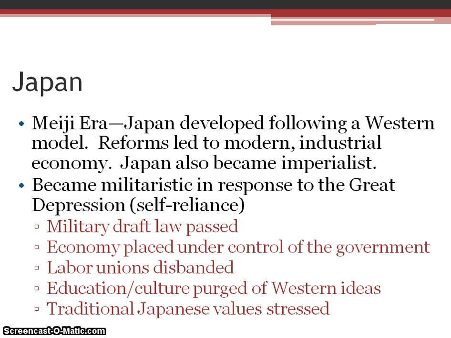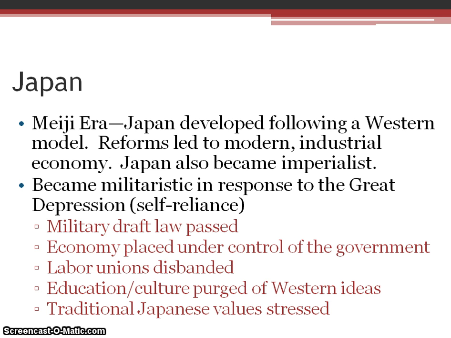Now, another effect of this time on Japan is during the Great Depression, we see Japan make more changes. So they actually become more militaristic and self-reliant, meaning they're not engaging in as much trade because, as we mentioned before, with a world economy, countries are connected in trade.